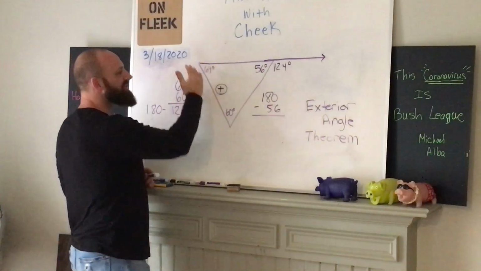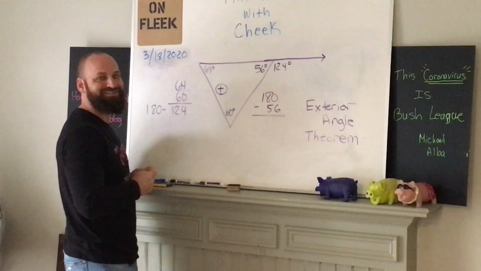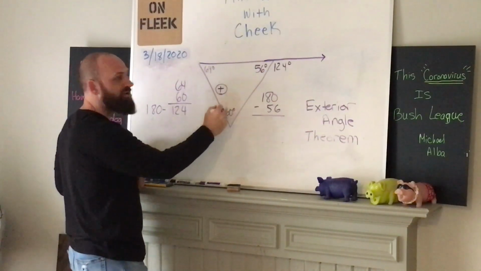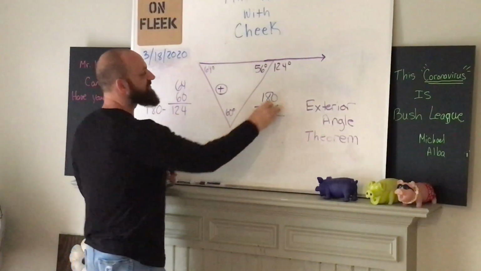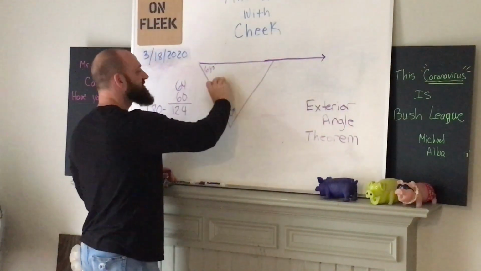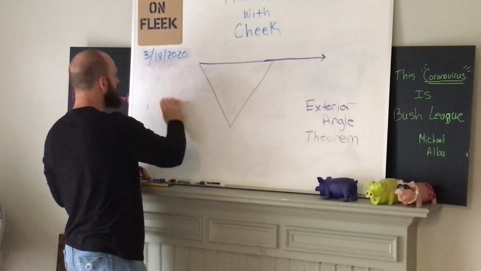Remote interior angles are the interior angles that are opposite that exterior angle. And we should simply be able to add these two angles together to determine that exterior angle. So let's take a look at another example, and I'll show you how this works, this time without finding the other interior angle.